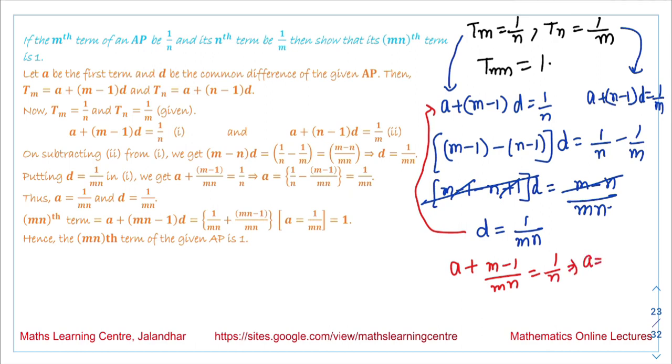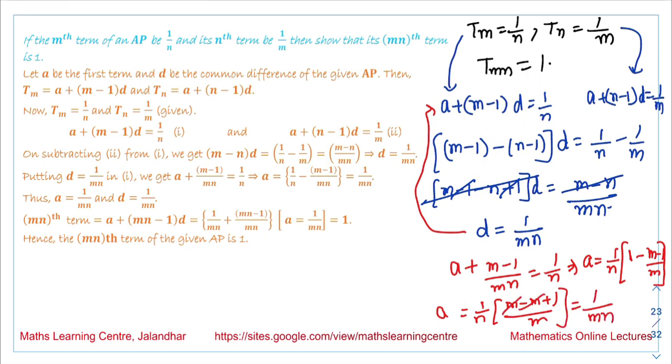This gives us a is equal to 1 by n into 1 minus m minus 1 over m. So this is a is equal to 1 by n into m minus m plus 1 over m. These m get cancelled and we are left with m into n. So we get that the value of d is 1 by mn, the value of a is 1 by m into n.